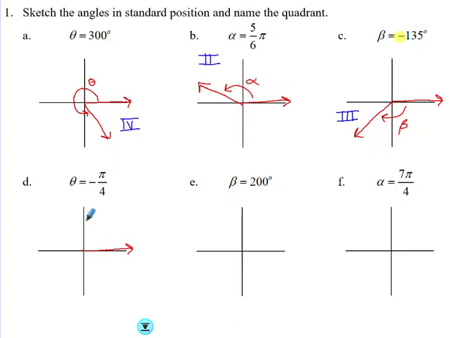Since our angle is negative, we are going clockwise. So we want to go negative pi over 4. This is our angle theta. The terminal side here is in quadrant 4.